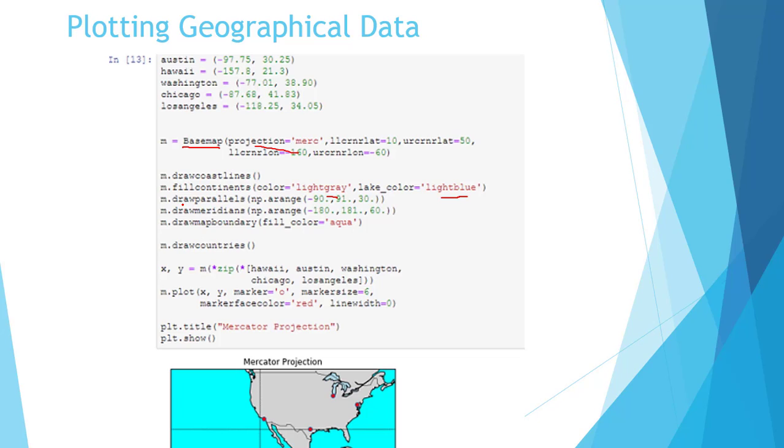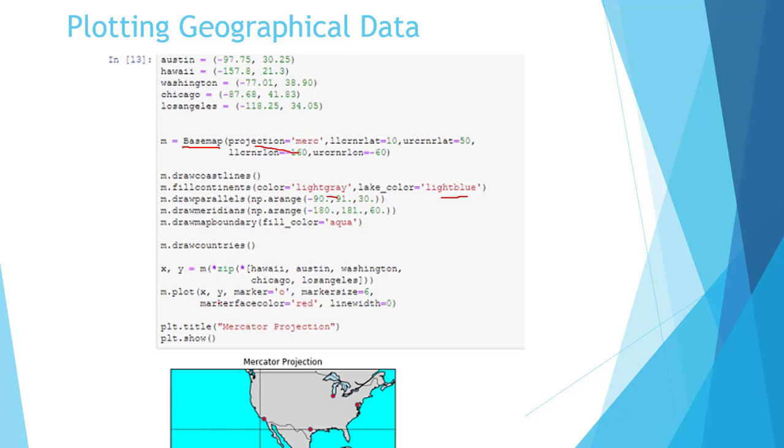Next we have given draw parallels. Next we have specified draw meridians, and then we have specified draw map boundary and given the fill color as aqua. In this way we have specified all the parameters, and after that we have called the m.plot function and given the values x and y.